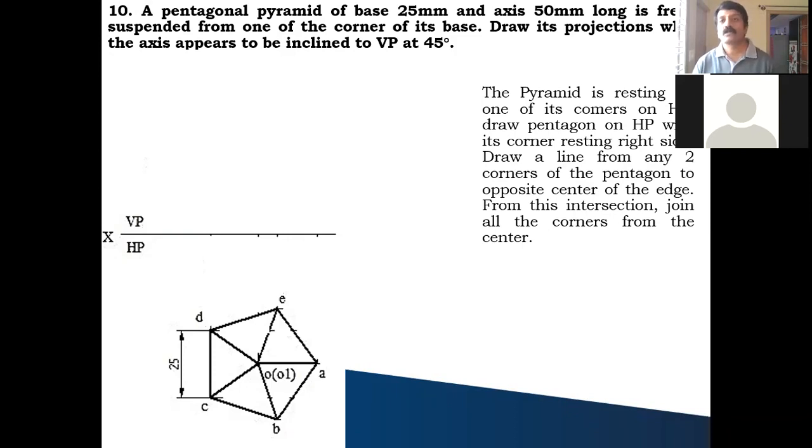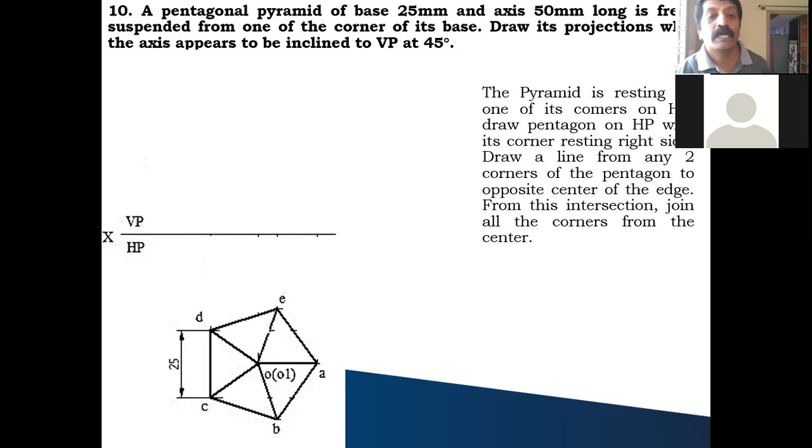So since he has given the pentagon pyramid of 25 millimeter base and axis 50 millimeter, you draw the pentagon first, with the corner condition, that means the corner should come on the right side of you. I have drawn the pentagon such that the corner is coming on my right side. You know how to draw the pentagon. After that, you bisect any two lines.